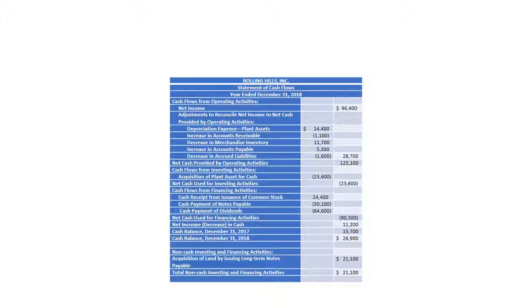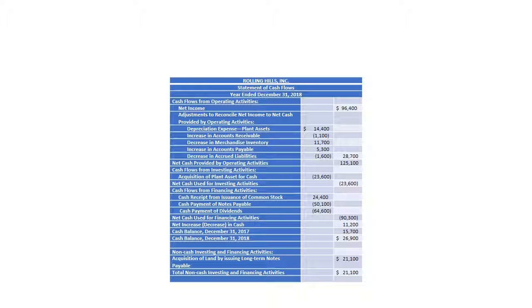They paid dividends, they paid on their notes payable, they sold some common stock. Take the $125,100 minus the $23,600 minus the $90,300, and it tells you how cash changed overall for the entire year, $11,200. Again, add that to your beginning balance, and you get your ending balance of cash on the balance sheet.